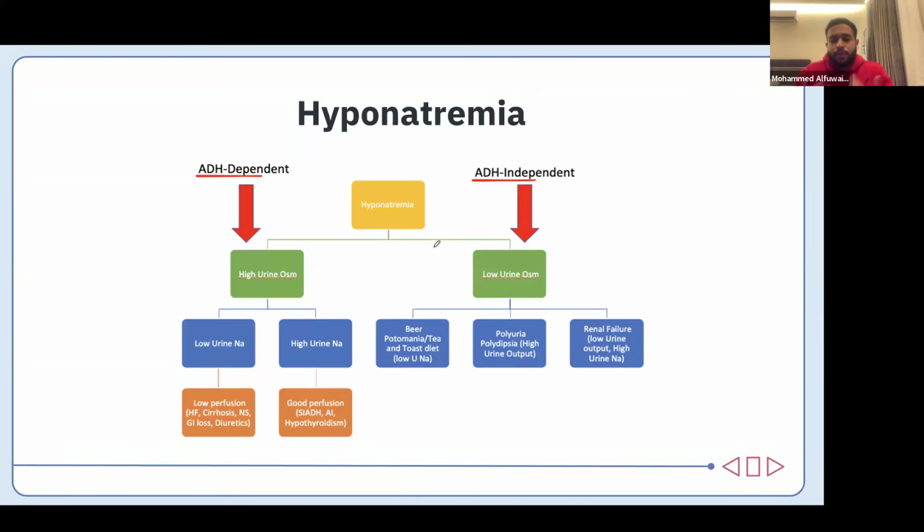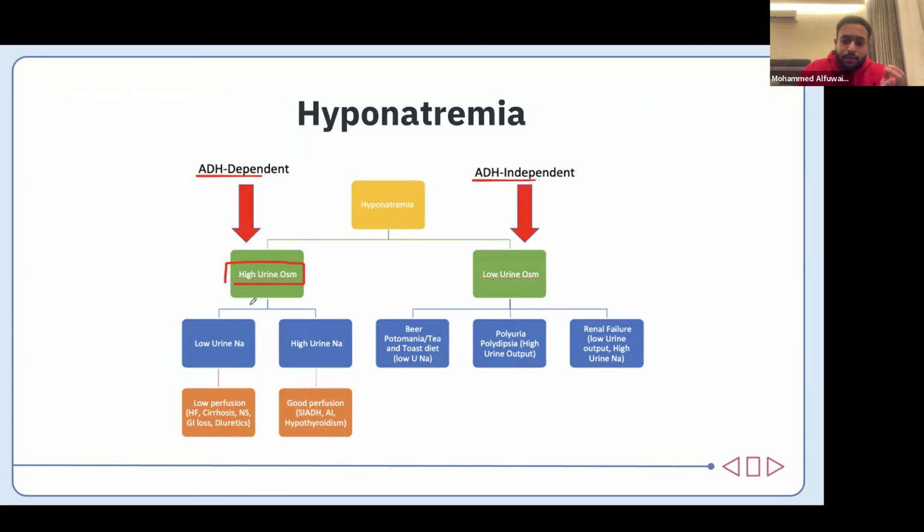This water retention will cause hyponatremia because it dilutes the blood itself. Tamam? So you establish that this patient has high urinary osmolality. Why? Because you're diluting the blood and concentrating the urine from the ADH's effect. So you establish now that this patient has high urinary osmolality, which is ADH dependent.